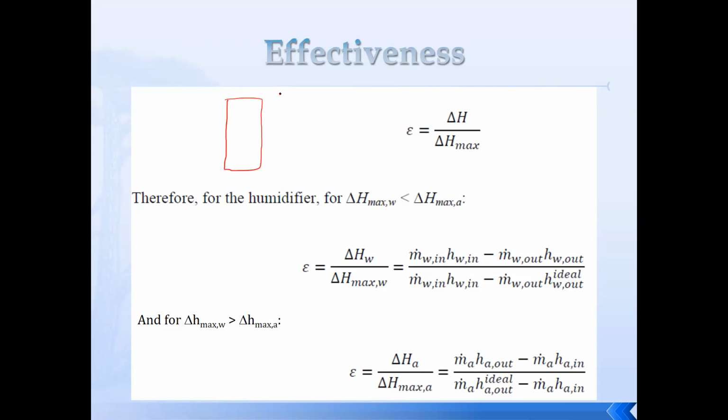We are talking about water flow in and air flow out, and here we have water flow out and air flow in. And we are looking at values of the enthalpy differences at the inlet and exit.